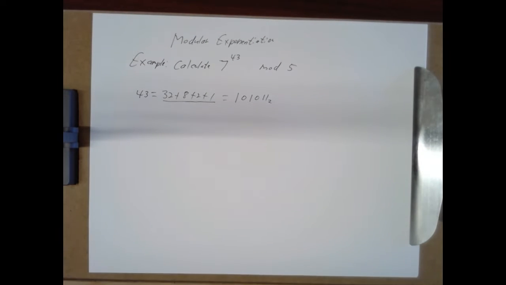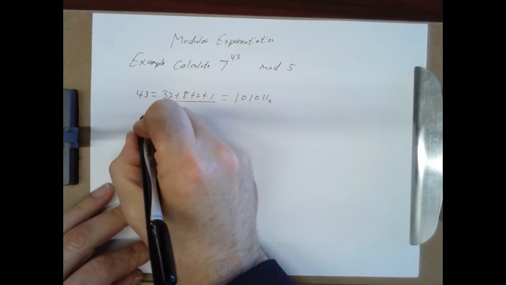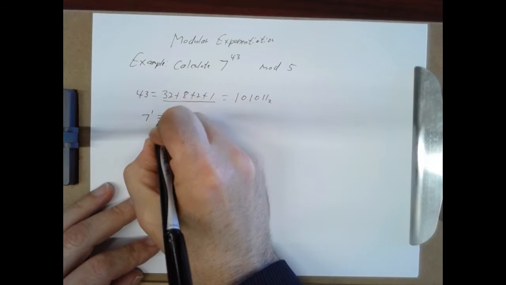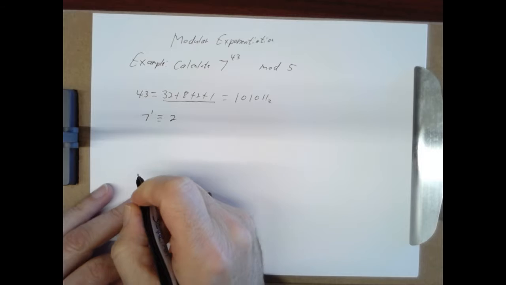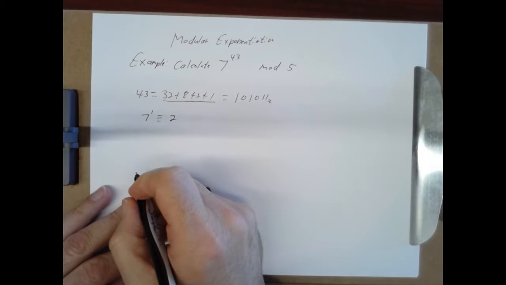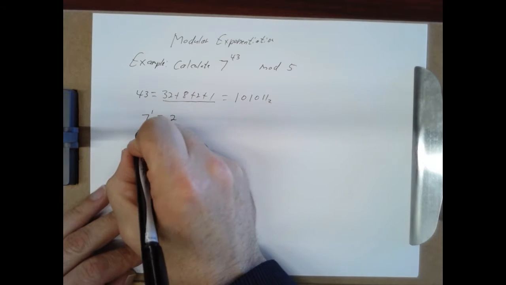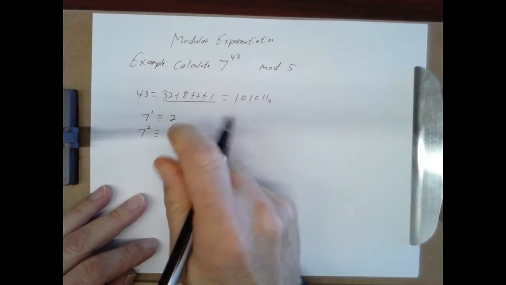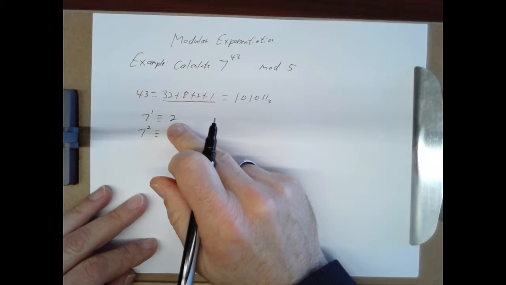And now we're going to do a series of calculations. So 7 to the first is congruent to 2, because it's 2 more than a multiple of 5. 7 squared is congruent to whatever 7 to the first is, squared.